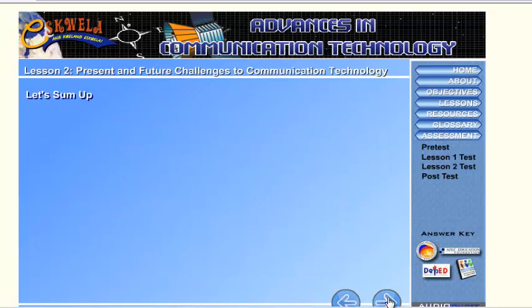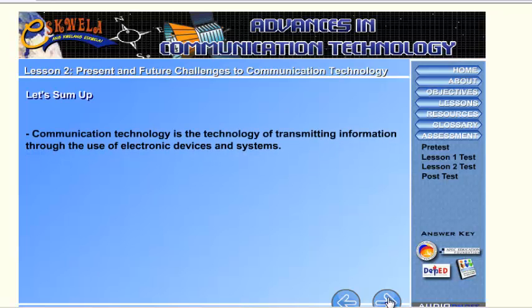The following is a summary of its main points to help you remember them better. Let's sum up. Communication technology is the technology of transmitting information through the use of electronic devices and systems.